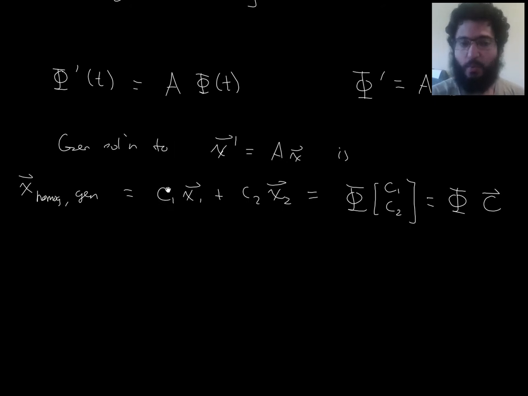We said, what if we let c1 and c2 be actually functions of time? Then we probably wouldn't expect to get solutions to the homogeneous differential equation, but I wonder if choosing certain functions of time for these coefficients would lead to a solution to the non-homogeneous differential equation. And then we went from there, and that's how we derived variation of parameters.